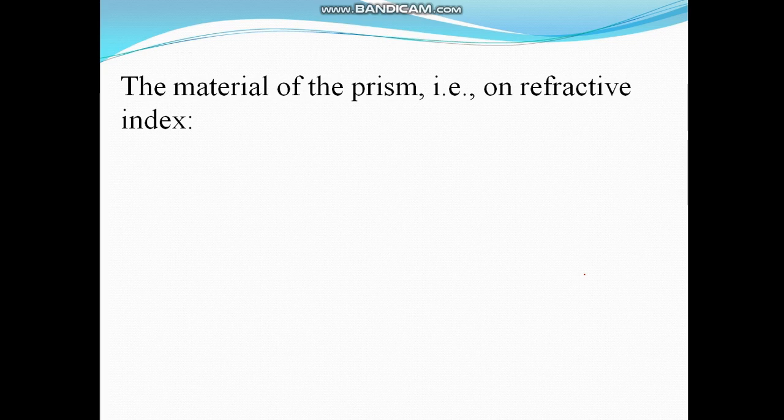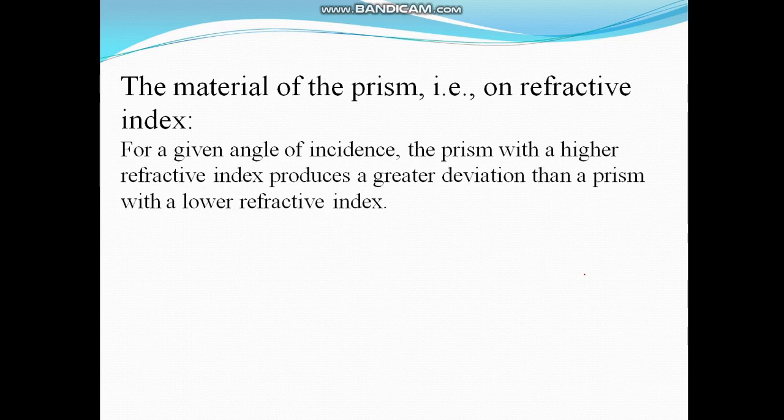Now the second factor on which the angle of deviation will depend will be the material of the prism, that is on refractive index. For a given angle of incidence, the prism with a higher refractive index produces a greater deviation than a prism with a lower refractive index.